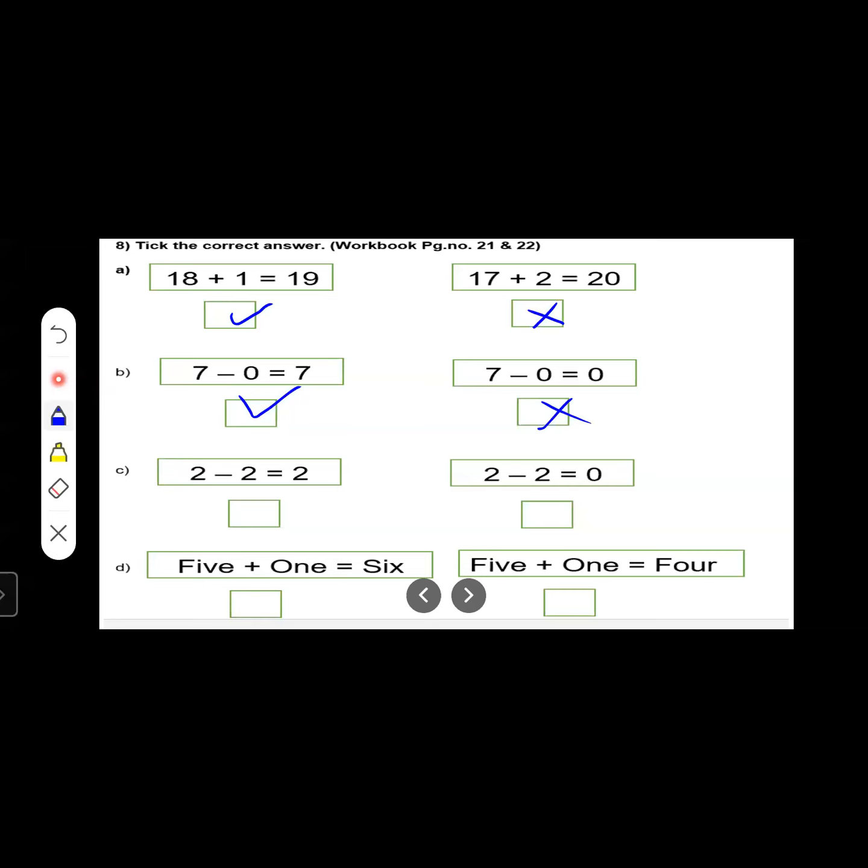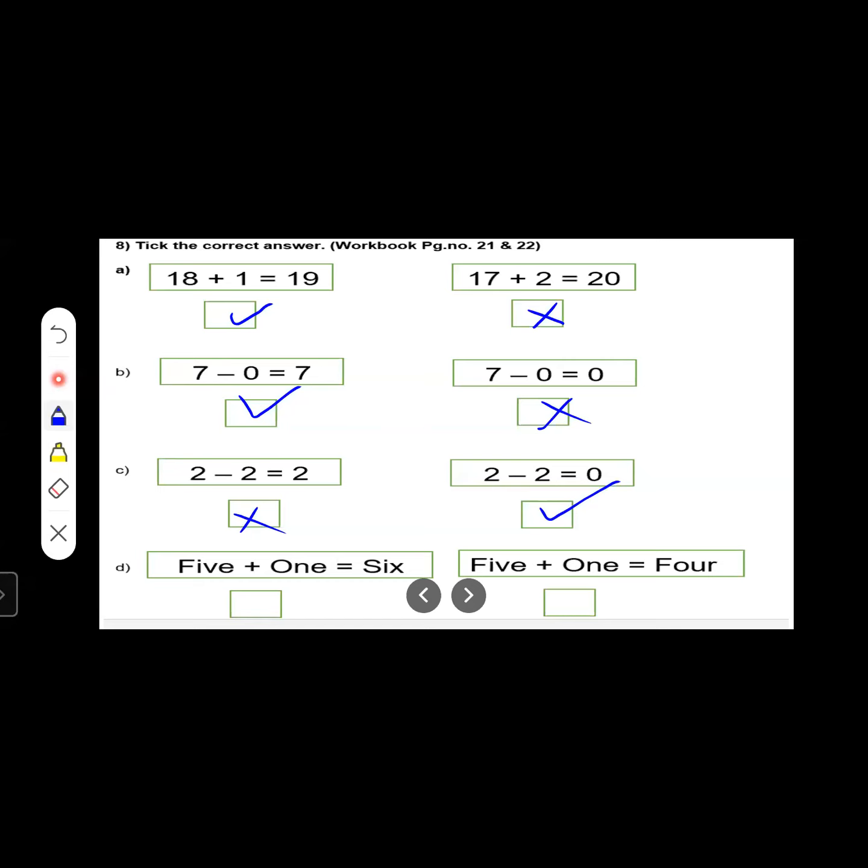Yesterday also we studied that when two same numbers are subtracted, the answer will be 0. So 2 minus 2 is equals to 0. 3 minus 3 is equals to 0. 4 minus 4 is equals to 0. You can see when both same numbers are subtracted, then answer will be 0. So this box is correct. This is wrong.